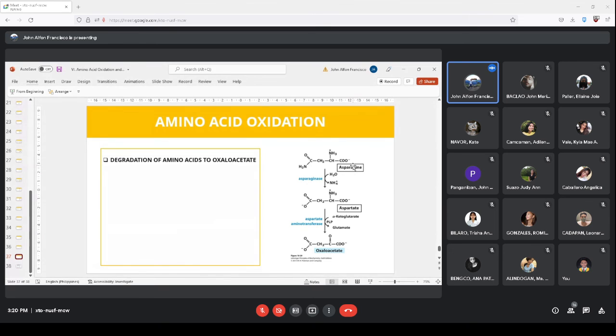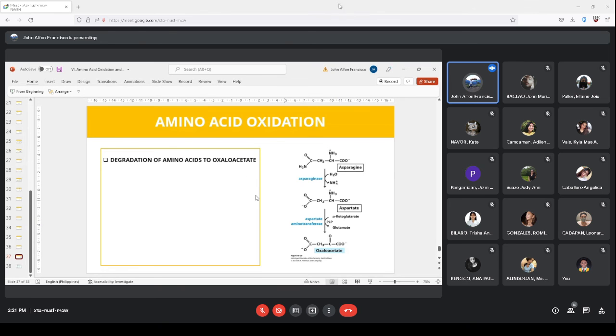The only difference is that asparagine has another nitrogen group, or amino group. So you just remove one of its amine groups, then aspartate can be converted to oxaloacetate by just transamination of alpha-ketoglutarate and glutamate. Okay? So that's all.